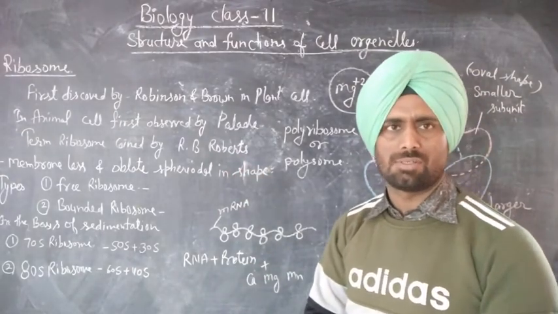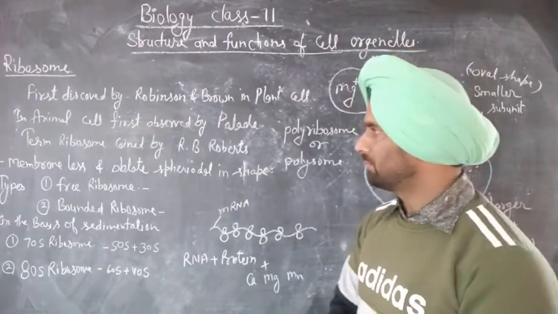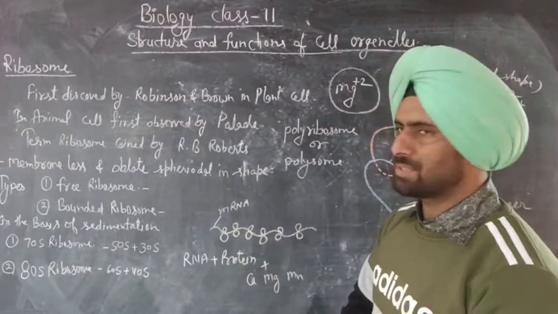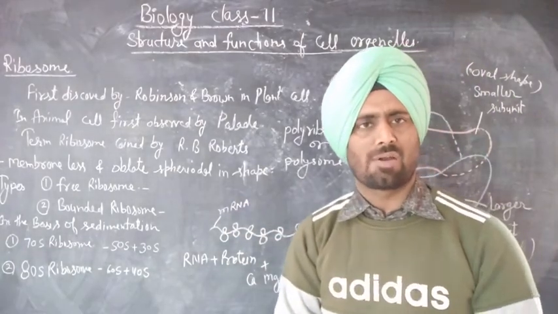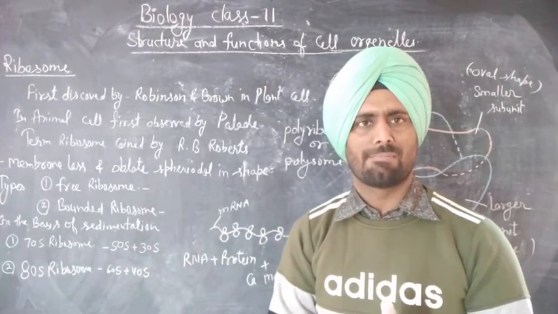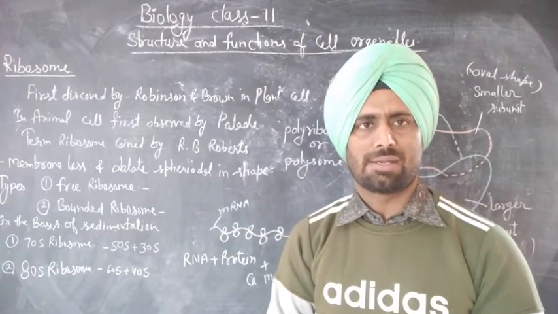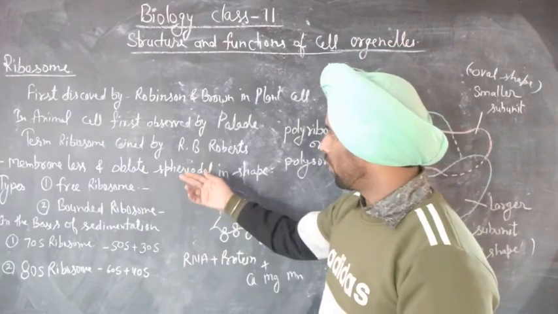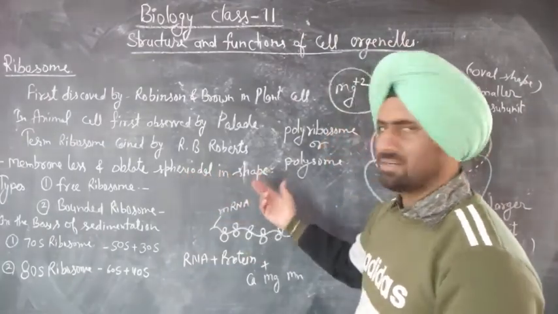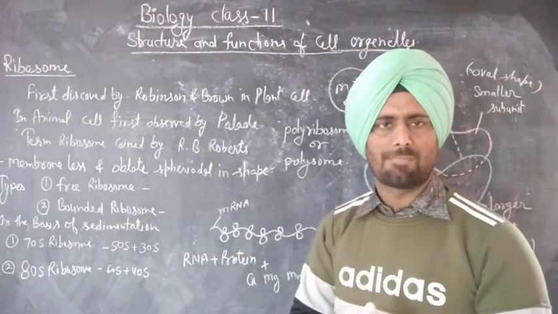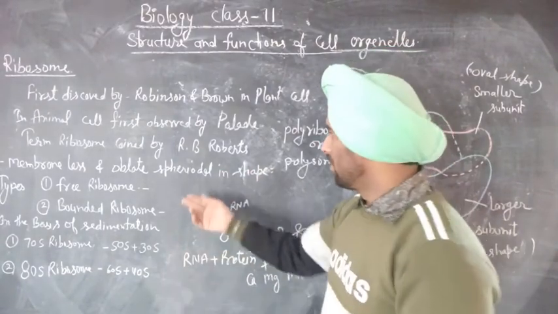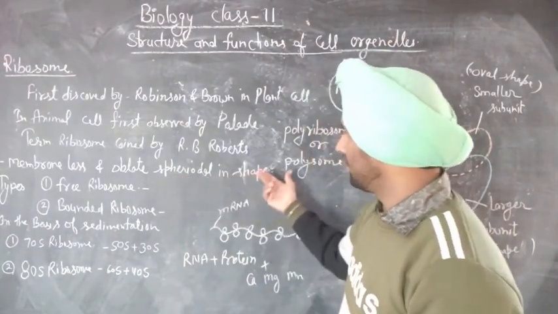Ribosomes are membraneless cell organelles, oblate spheroidal in shape.